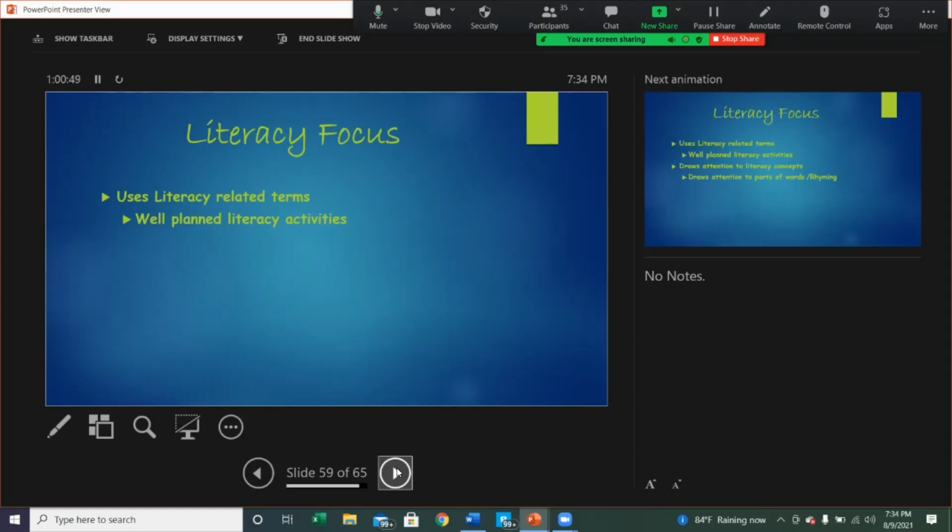So what our literacy focus tells us, and this is also going to align directly with the 10Ls, okay? So everything we're doing here is going to be something the state's going to be happy with. Are you using literacy related terms? That's why I sent that sheet out. It sounds complicated, but some of those words are huge, irony and things like that.